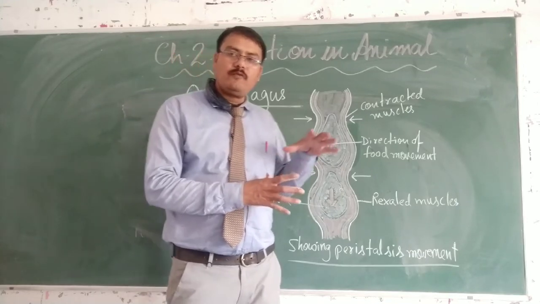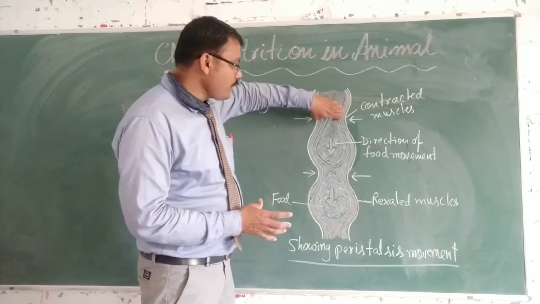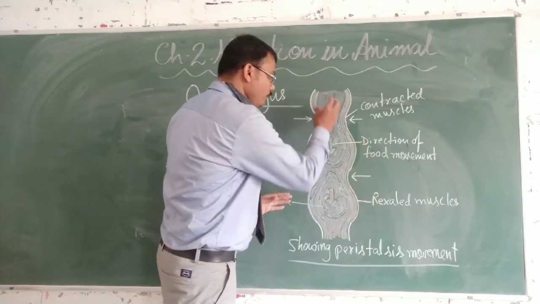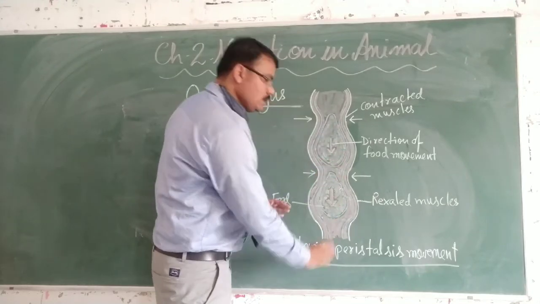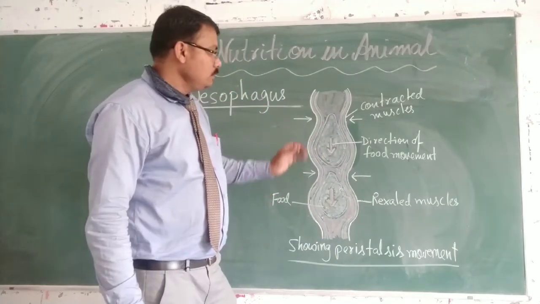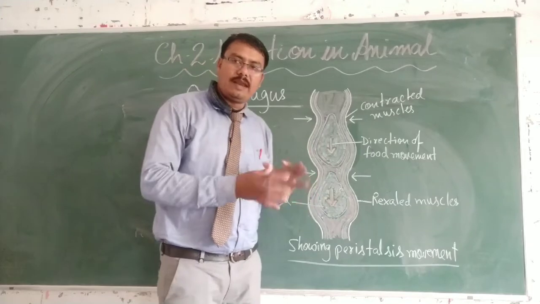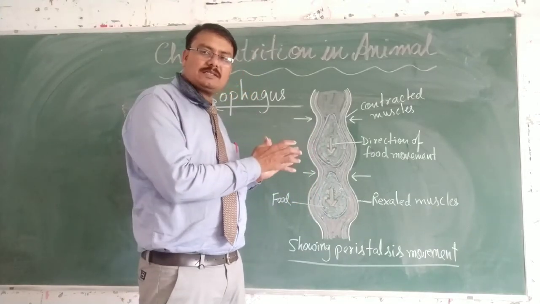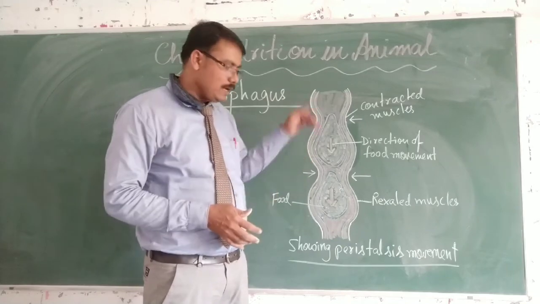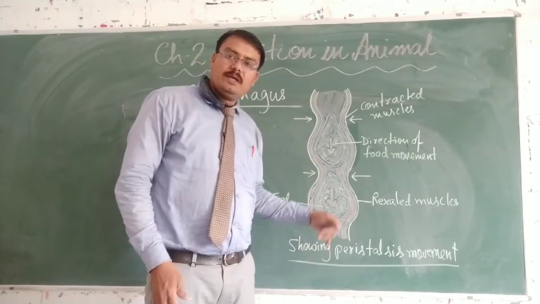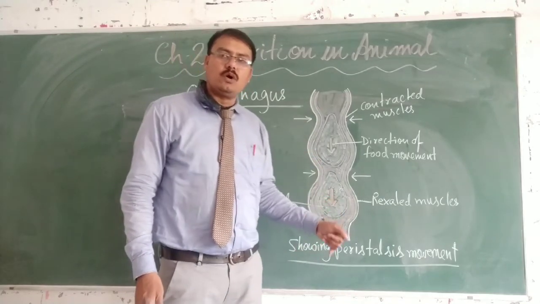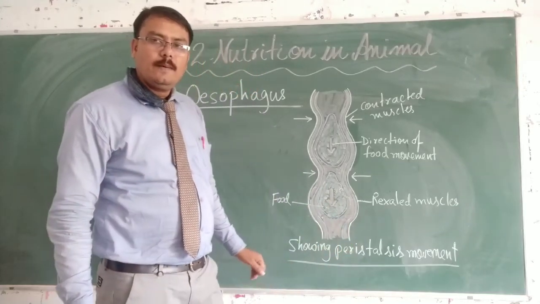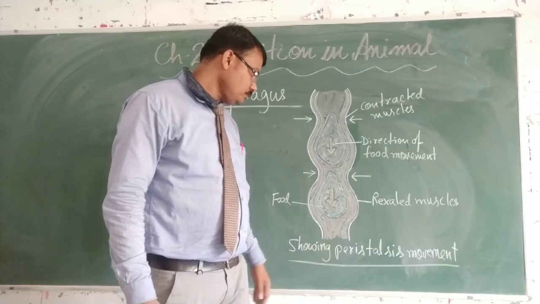So, with somewhere contraction and somewhere relaxation, again contraction and relaxation, the food slowly passes down. This contraction and relaxation movement in the muscles, by the help of which the food passes in the food pipe, is called the peristalsis movement.